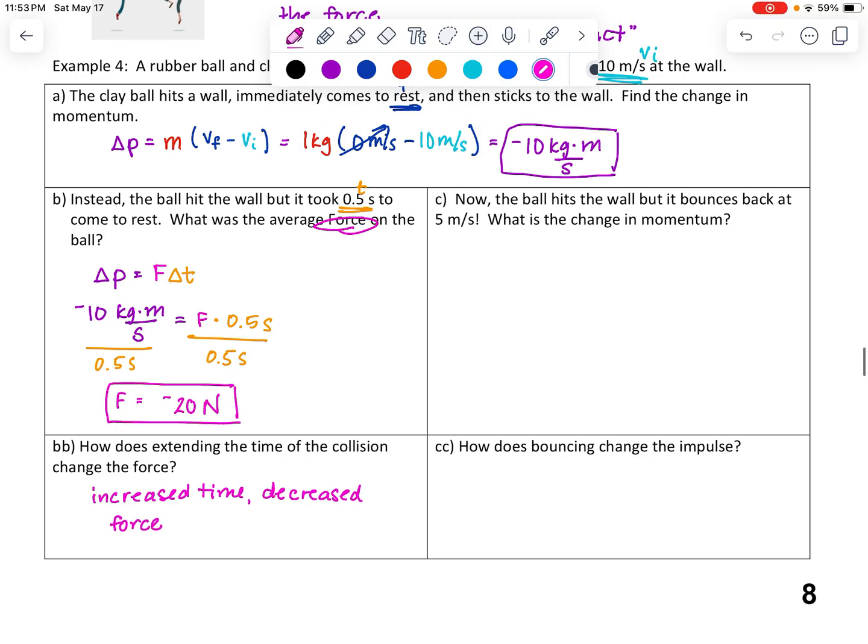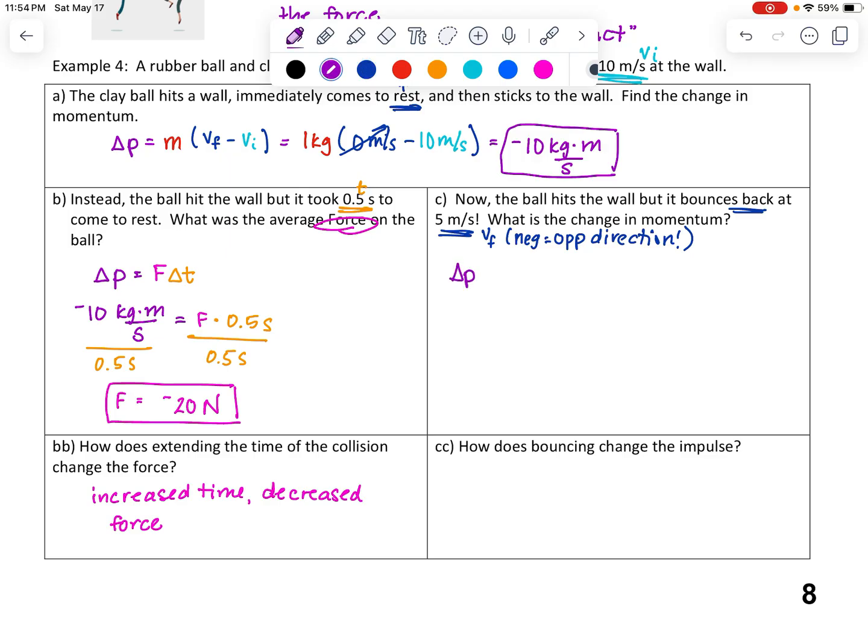Okay. C, now the ball hits the wall, but it bounces back at 5 meters per second. So this is my new VF, 5 meters per second, but notice it says it bounces back. So remember, this VF will be negative because it's the opposite direction. Okay, what's the change in momentum? So here we go.